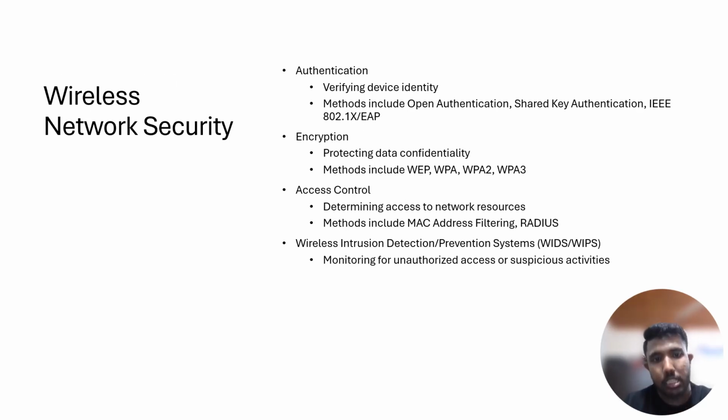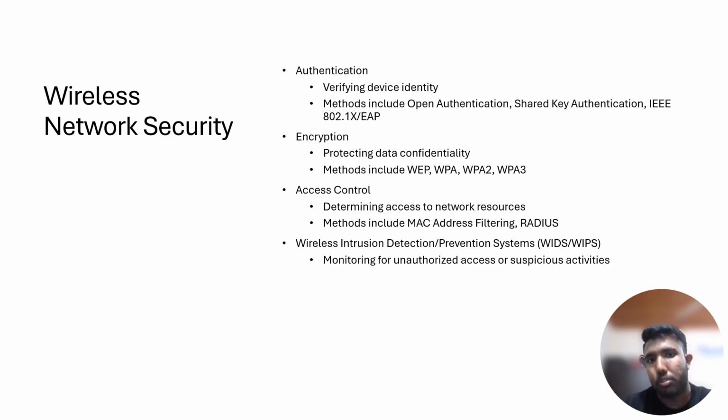In this slide, we discuss wireless network security. Security is paramount in wireless networks because the broadcast nature of radio transmissions makes interception relatively easy. Authentication verifies the identity of the devices attempting to connect to the network. There are several authentication metrics.